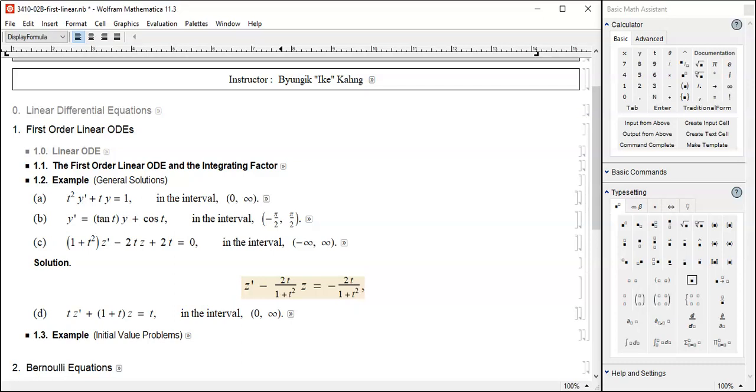Okay, all right. Let's find out the integrating factor. I'm missing the negative sign. Okay, what's the antiderivative?